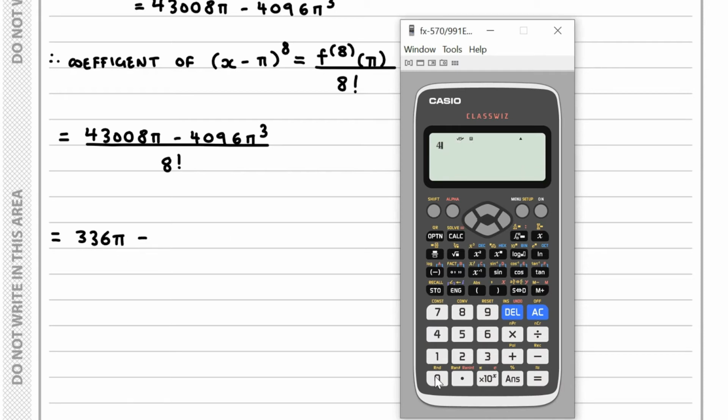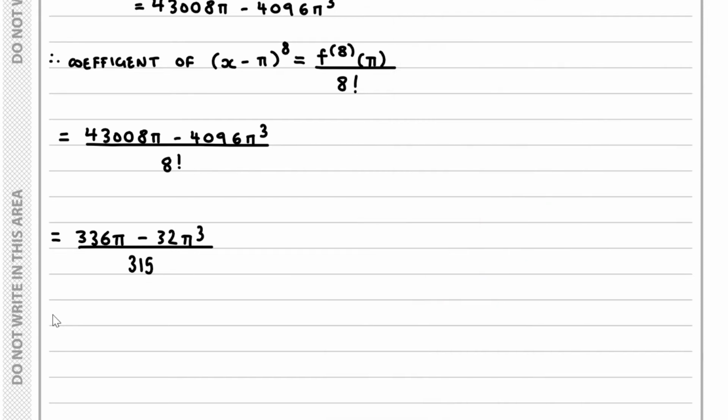And then we've got 4096 divided by 128. So here we get 32 pi cubed. And then we've got 8 factorial divided by 128. So just make sure we type in the correct thing. So we've got 8 factorial divided by this, so that's 315. And therefore, what we can conclude is A is equal to 336 and B is equal to minus 32.